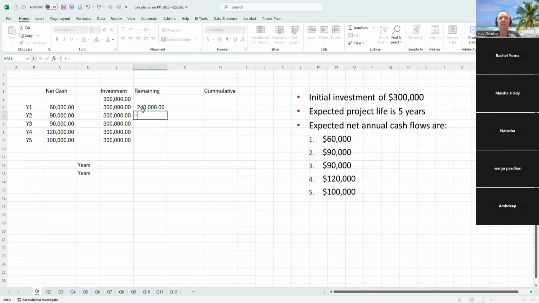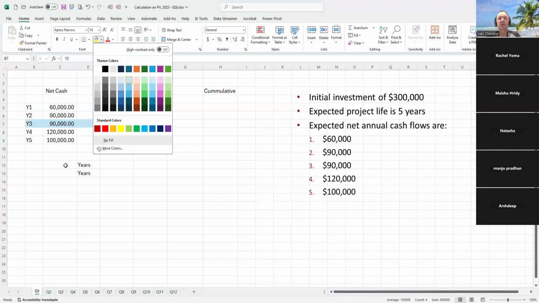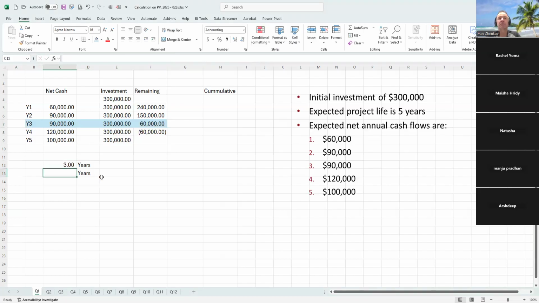Next year, the remaining amount will be 150. The next year, the remaining amount will be 60. The next year, we become negative. So definitely it's going to take us 3 years to recover the investment. 3 years for sure. We're going to have 3 full years.